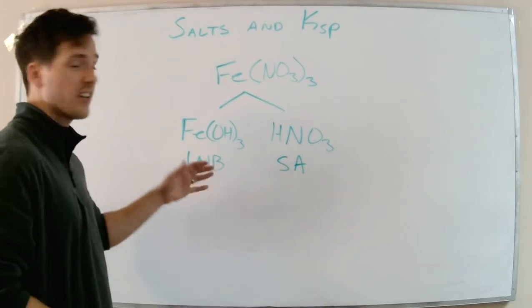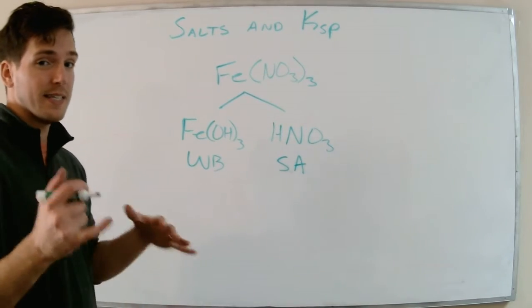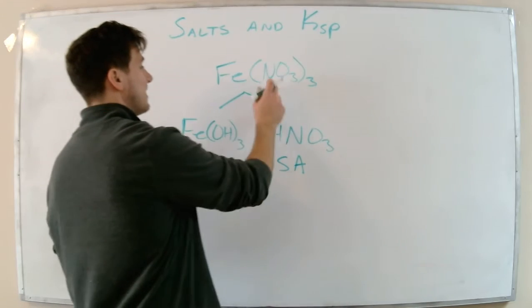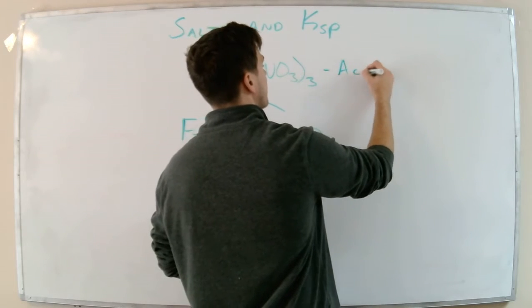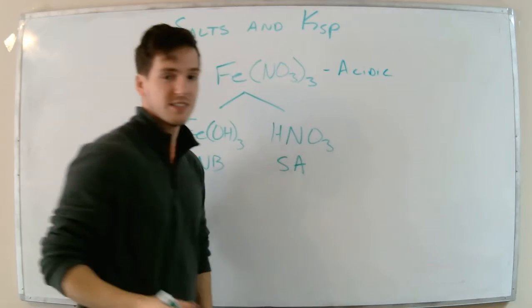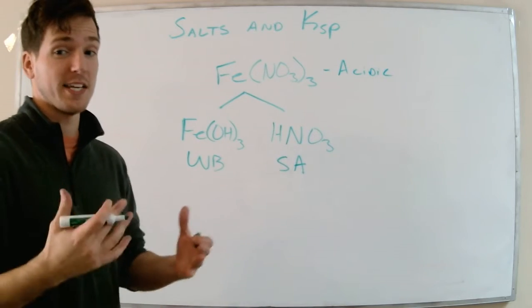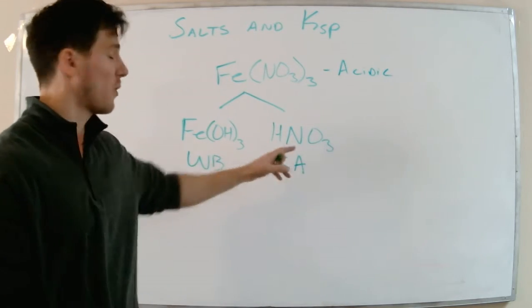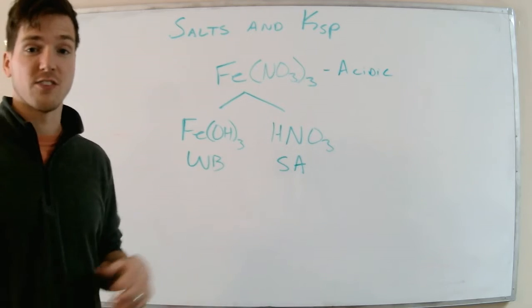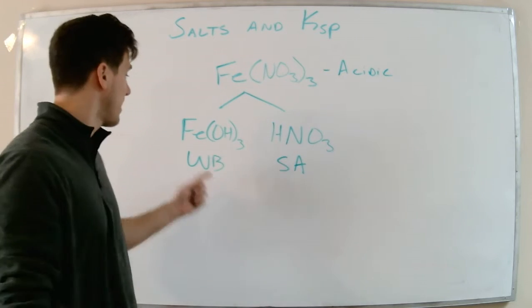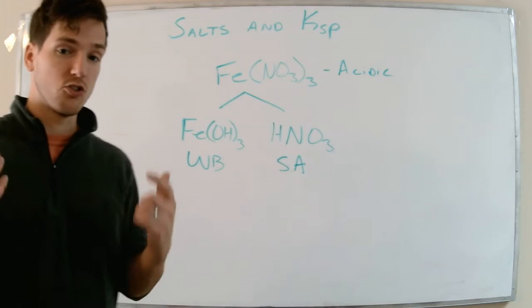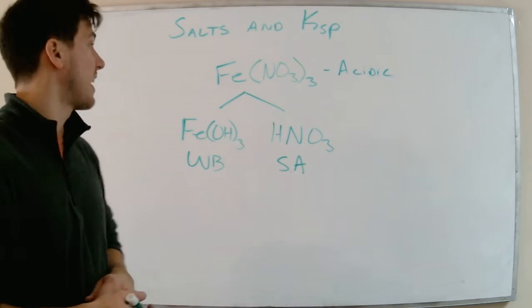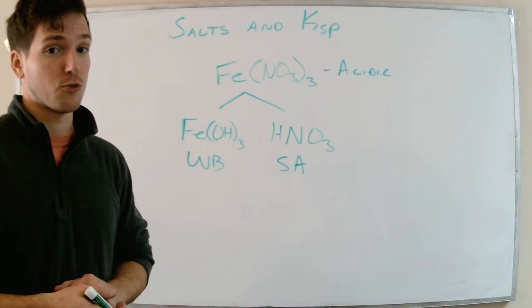Is the strong acid going to overpower the weak base? Yes. So this means that this salt was acidic, right? Again, we're taking our salts, splitting them up, seeing what they derive from, either a strong acid or a weak acid, or a strong base or a weak base, and we see which one is stronger. And that will determine if our salt is acidic, basic, or neutral.